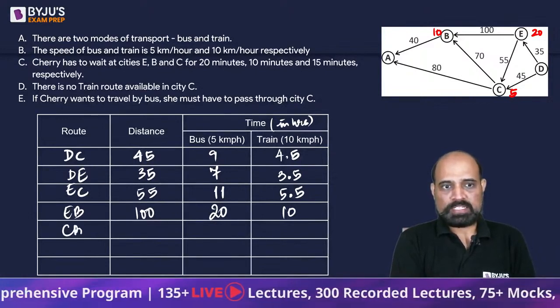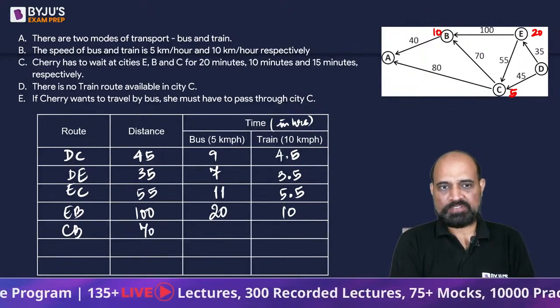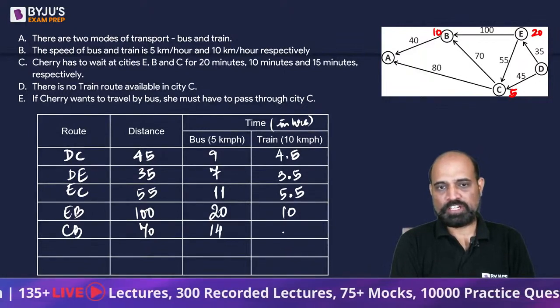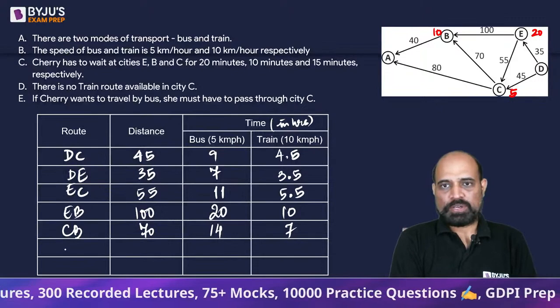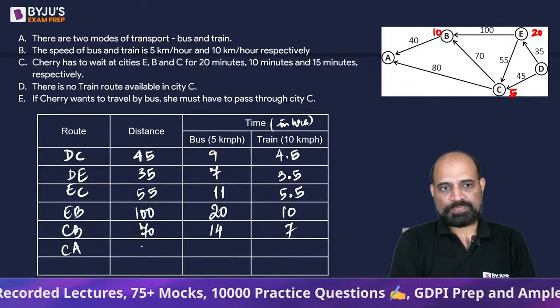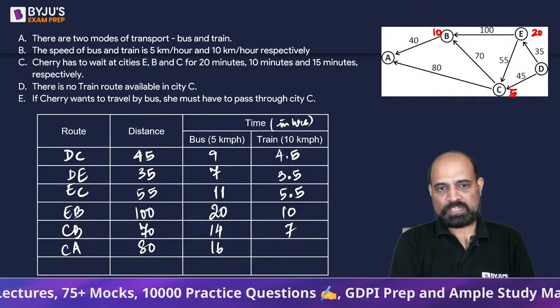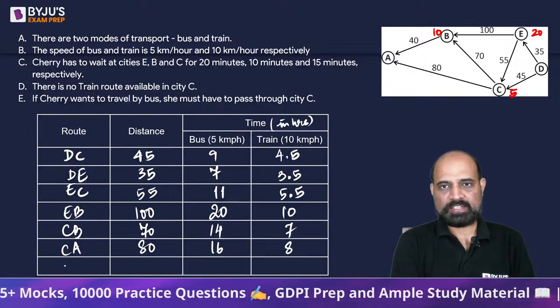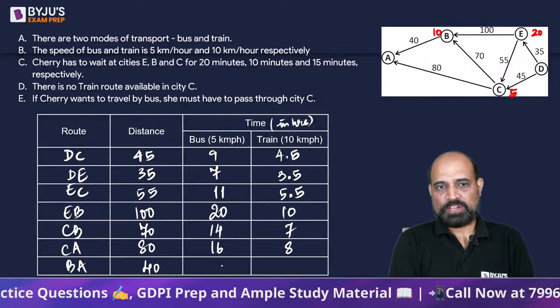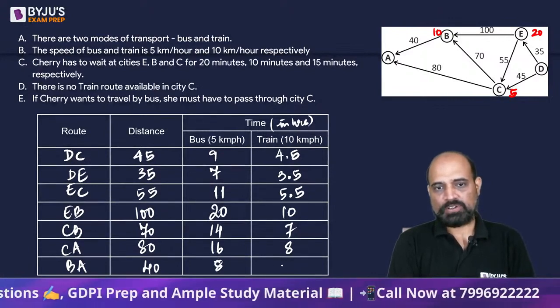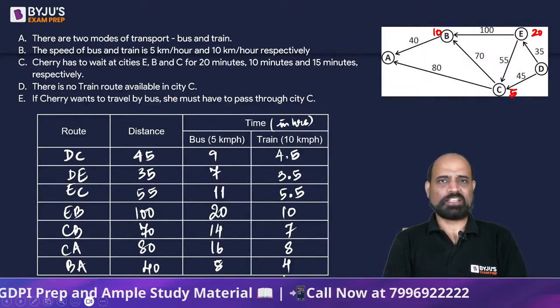If we look at CB, that is 70, 70 by 5 is 14, or 14 ka half is 7. If we look at CA, it's 80, 80 by 5 is 16, and 16 ka half is 8. If we look at BA, that is 40, 40 by 5 is 8, or 8 ka half is 4, or 40 by 10 is 4, same thing.